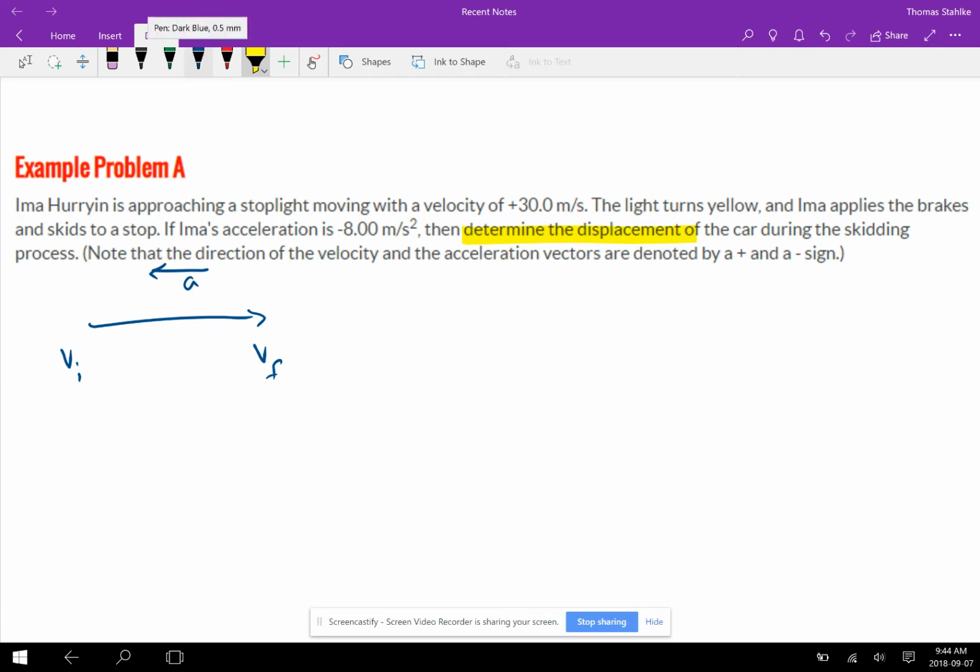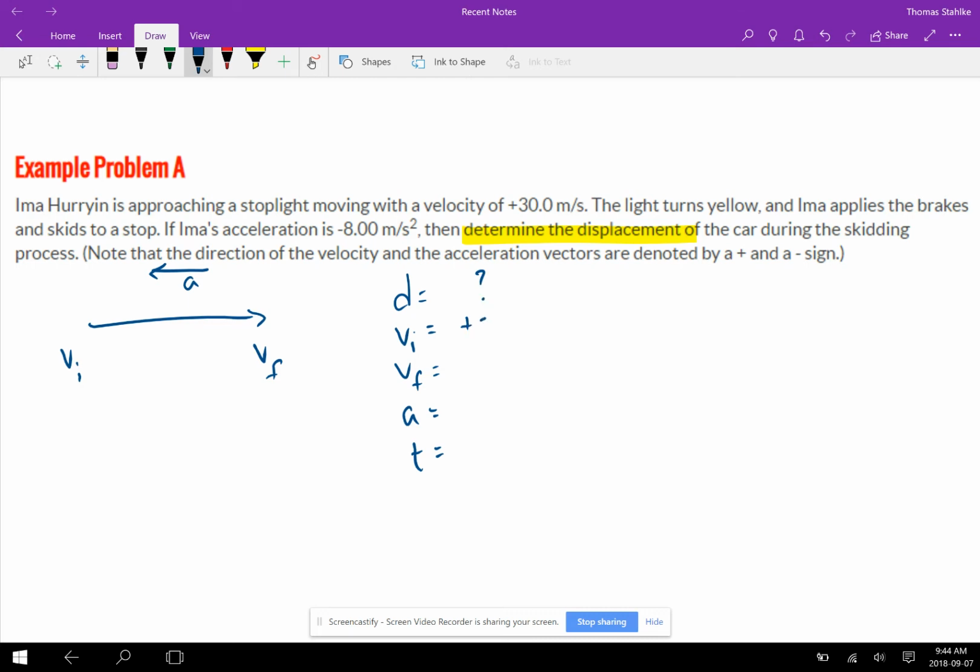So the way I would do it is I'd write a list of variables with displacement, initial velocity, final velocity, acceleration, and time. Our 5 accelerated motion variables. We know we need to find displacement.